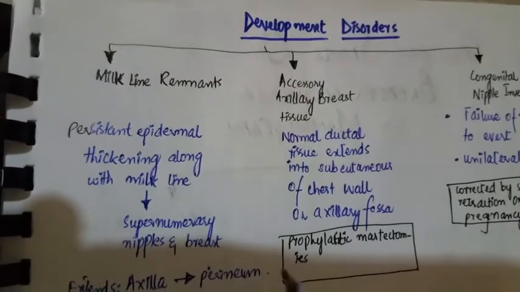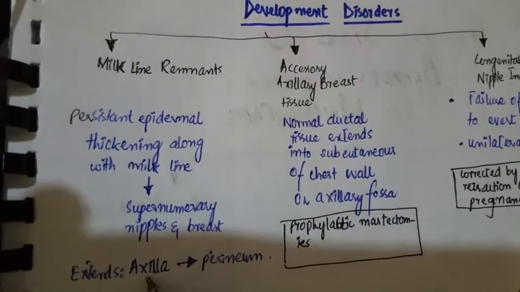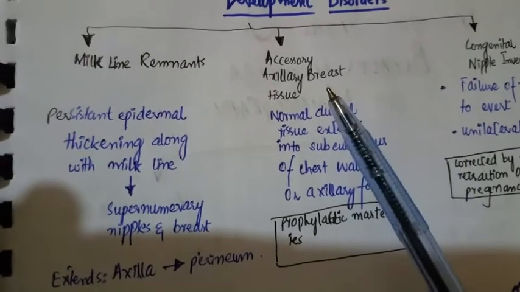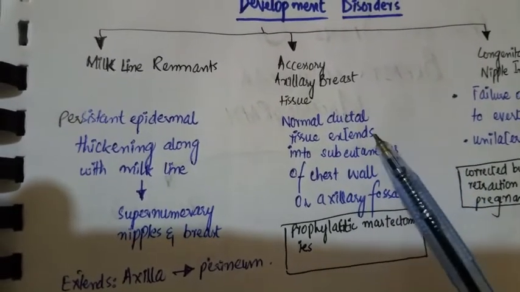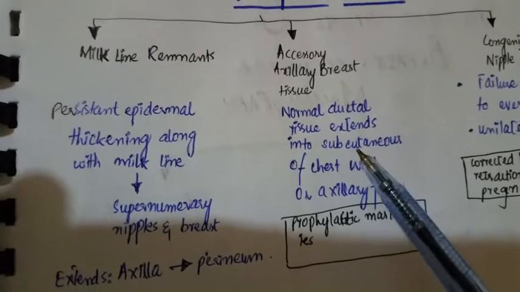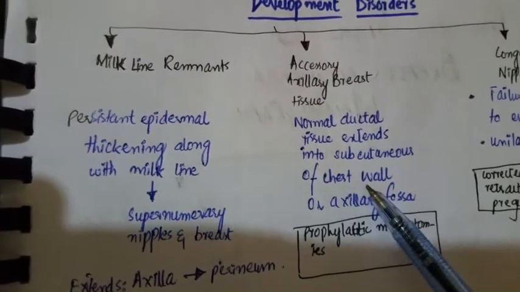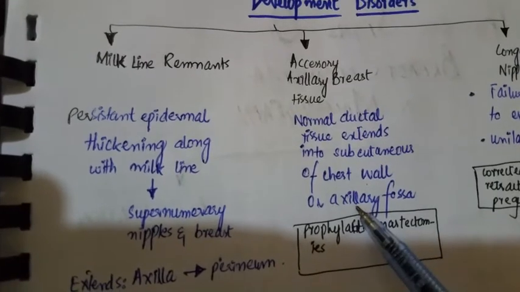The nipples and breasts can extend from the axilla to the perineum. In accessory axillary breast tissue, the normal ductal tissue extends into the subcutaneous tissues of the chest wall or the axillary fossa.